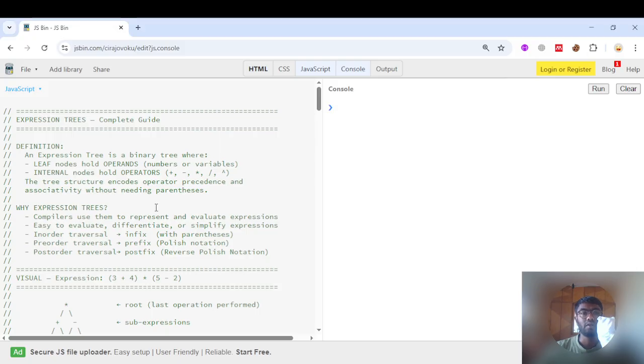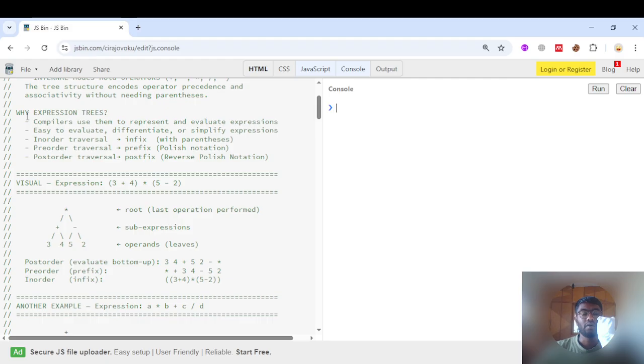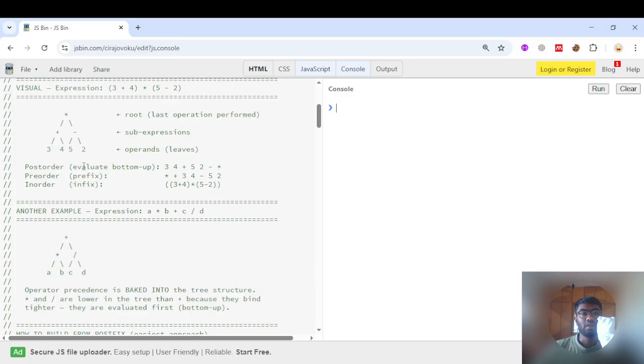Okay, so here I have written the expressions and where they are really used. Compilers use them to represent and evaluate expressions. So we had taken this simple example.